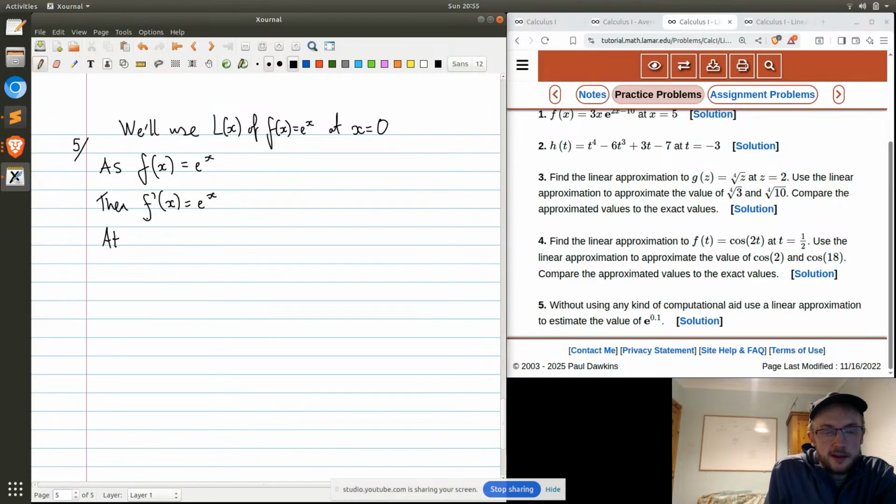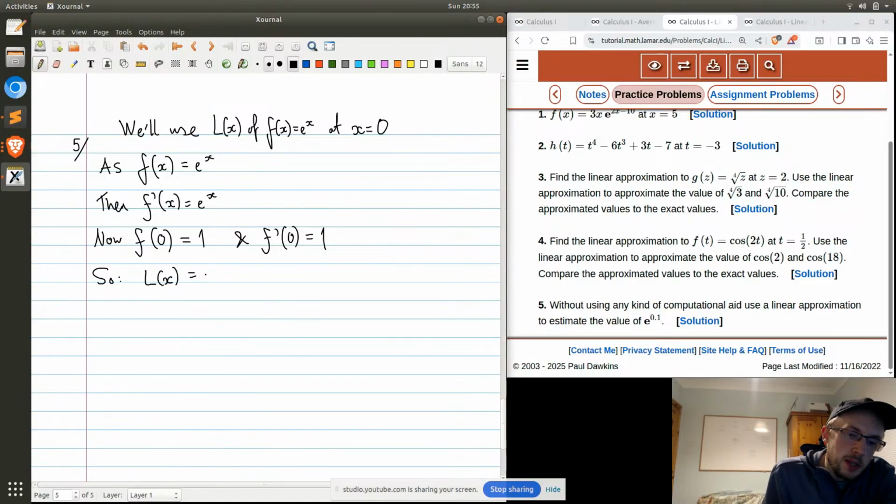As f of x equals e to the x, then f prime of x is equal to e to the x, and at f of 0, now f of 0 equals 1, and f prime of 0 equals 1. So the linear approximation is y minus y1 equals m times x minus x1. We move the y1 over here. So that is 1.